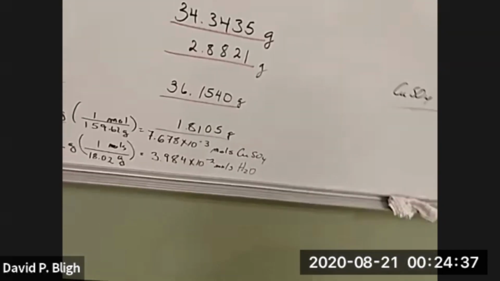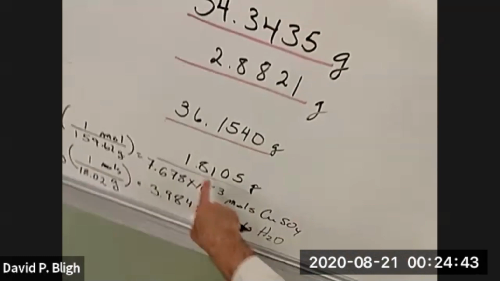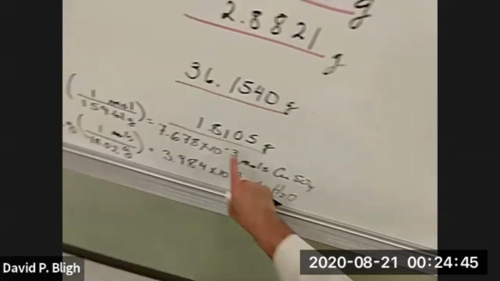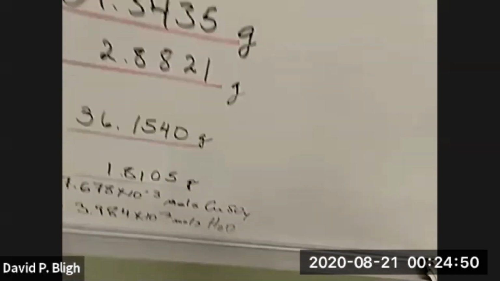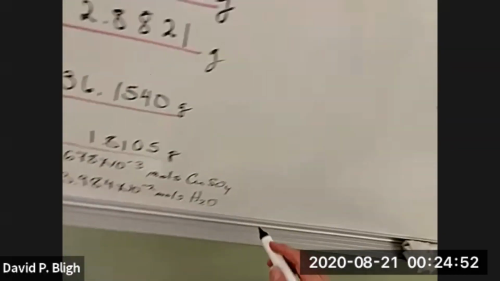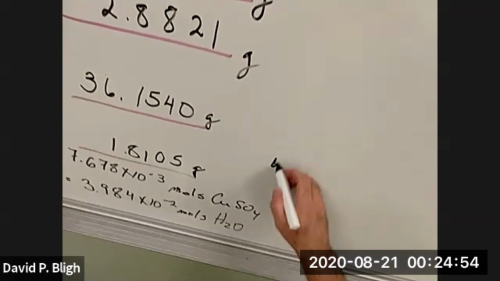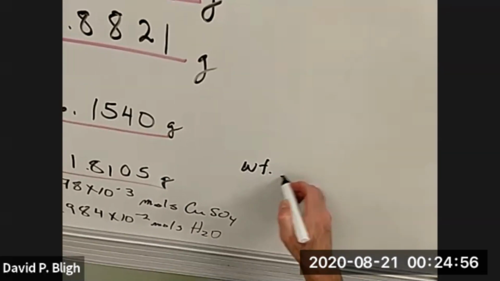Let's go ahead and do the subtraction anyway, and we'll find out what the, this is the decomposed solid right here. And the difference between these two is the weight that was lost. So we could say this is not water, this is weight loss.